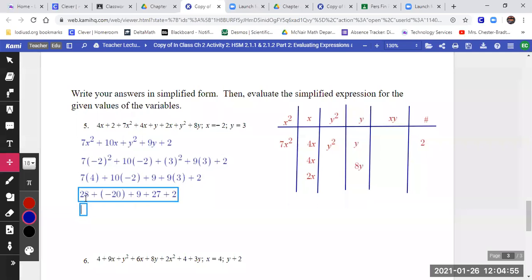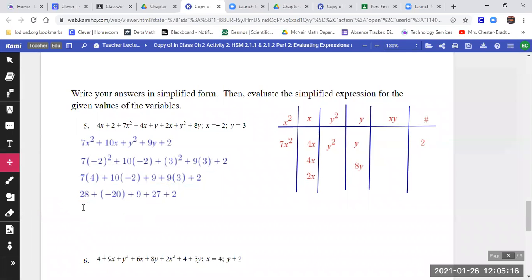Okay, so we happen to have a subtraction because we know negative means subtract. So this says 28 minus 20. What would that be? Because I see that negative, it means subtraction.